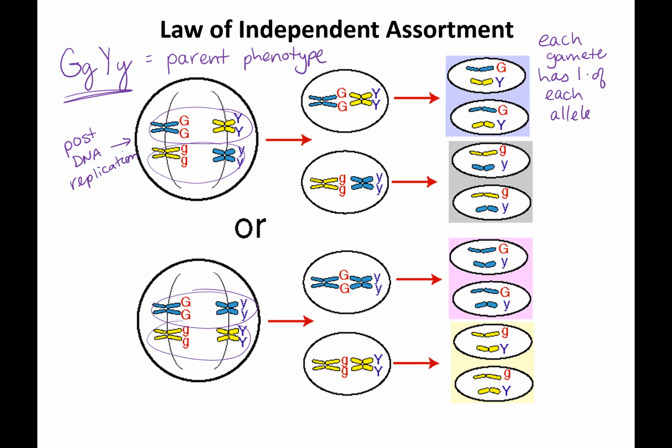So every gamete has to have a G and a Y allele. And in fact, there are only 4 unique gametes. You can save yourself a lot of time by not writing down the redundant ones.